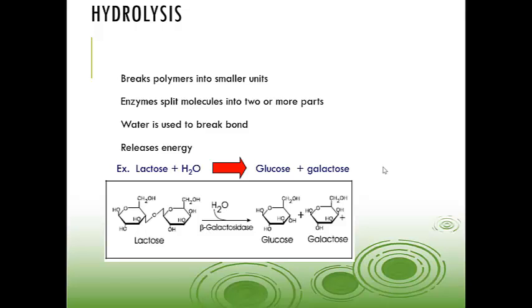It releases energy. So when you have glucose and you're executing cellular respiration, you want to break those bonds because that's where that energy is, and that ties back into the whole potential energy in your orbitals. So here we have lactose, and we're adding water, and our end results are glucose and galactose.